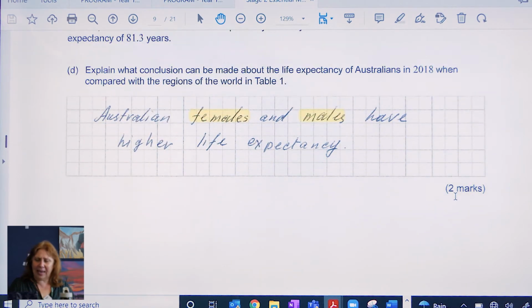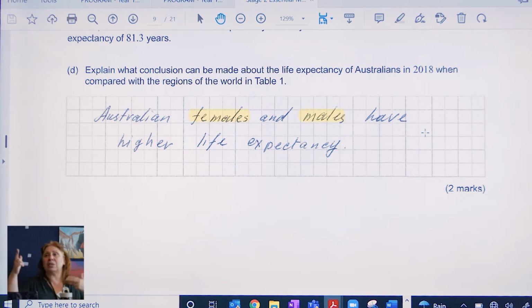Next, explain what conclusion can be made about the life expectancy of Australians in 2018 when compared with the regions of the world. For 2 marks, we want to see that both females and males have the higher life expectancy.